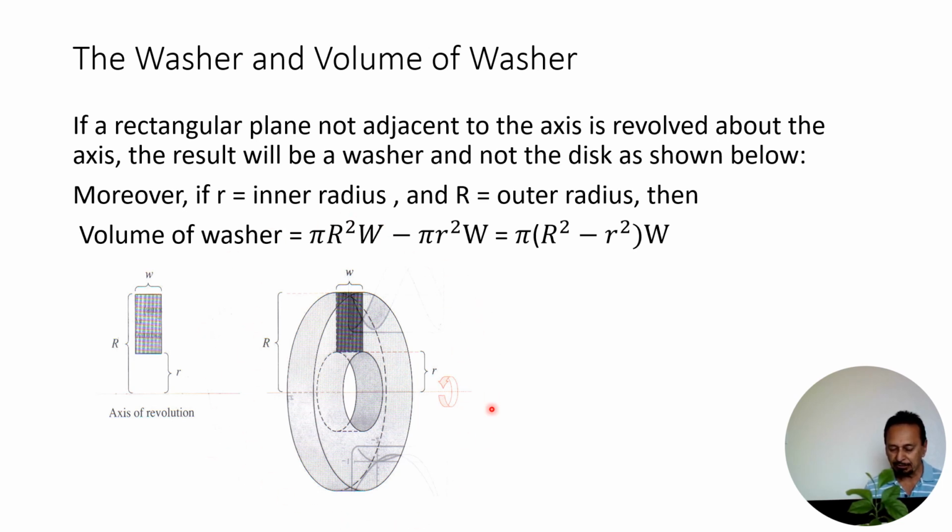And the volume of this washer will be pi times R, the outer radius, squared, times the width of this disk, W, minus pi times r squared, where lowercase r is the inner radius, times W. Then you can factor out pi and W, and you are left with the formula: pi times uppercase R squared minus lowercase r squared, times W.